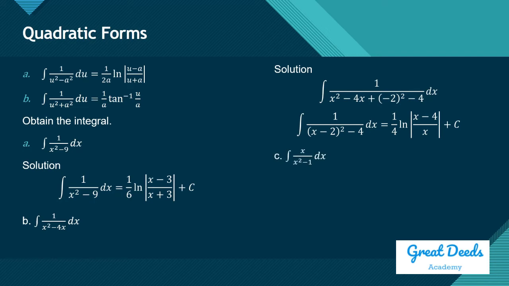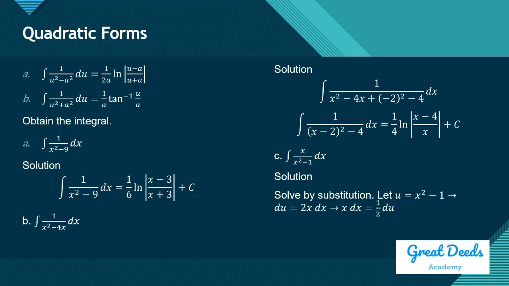How about this? Now be careful, okay? It doesn't mean that every time you see a rational function that has a denominator that is quadratic in form, you have to use this integral formula. So you have to be careful. This one in fact can be done by using the first major method that we did, which is the substitution method.